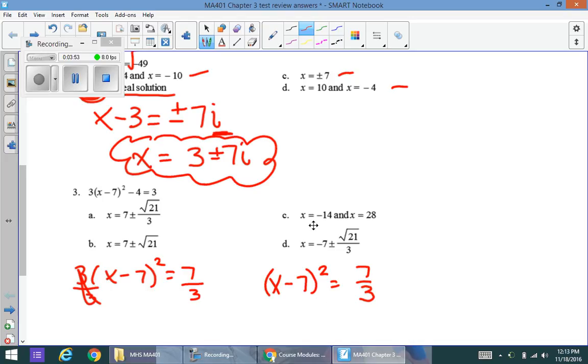Now I can maybe figure it out just by looking here. So let's take a peek. This is a minus 7, and when I square root both sides, I'm going to get x minus 7 equals plus or minus the square root of 7/3.